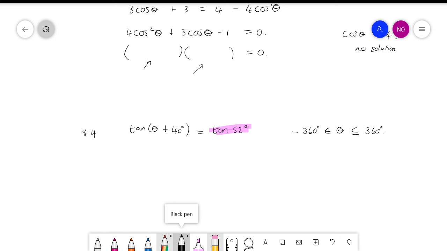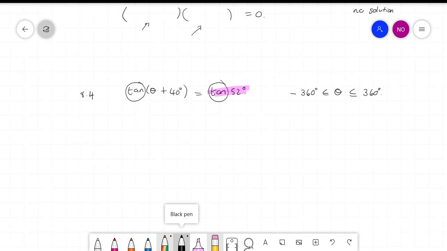Or you can say, because it is tan and tan, you can remove them. But you have to take into account the signs, because you still have to solve for it in 2 different quadrants. Okay, so then you must say, in which 2 quadrants is tan positive? First and third.